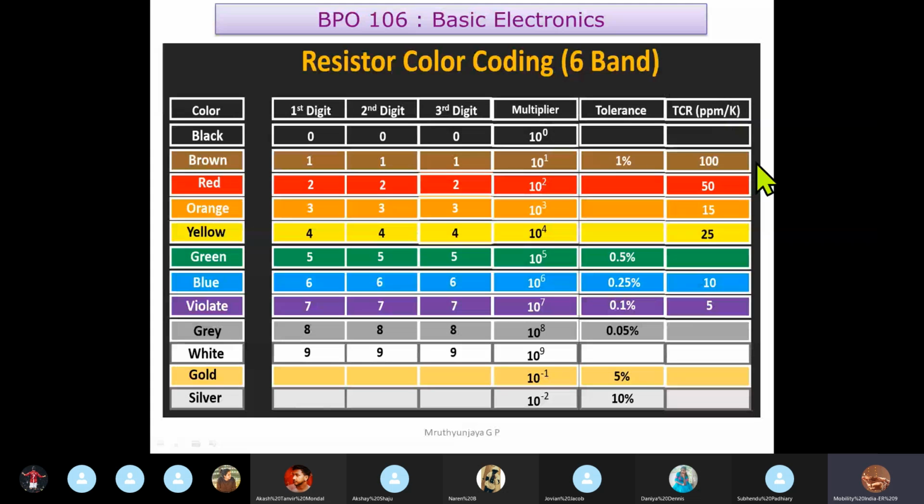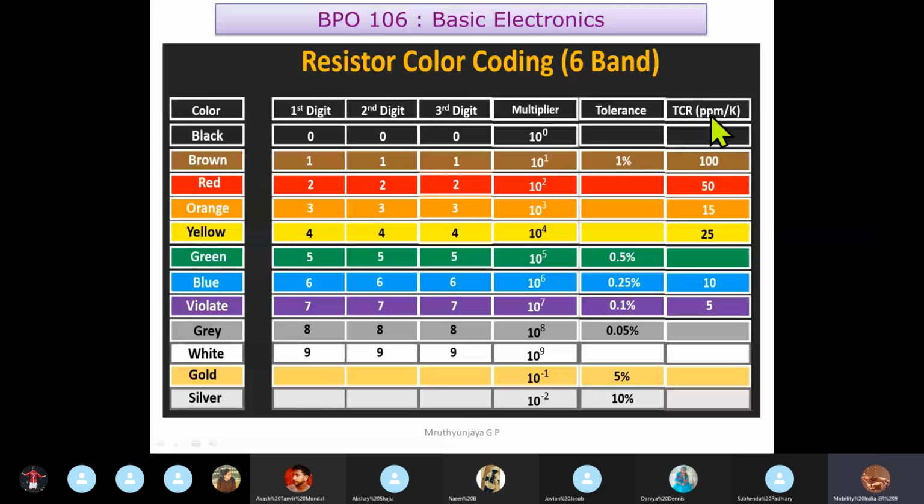Let's say if the value 10 lakhs is 1 megohm, 1 followed by 6 zeros, then for that 1 megohm, for every degree change, it can vary by 100 ohms. You get the point? For every degree temperature change in kelvins, the variation of the resistor having a brown band would be 100 parts per million.